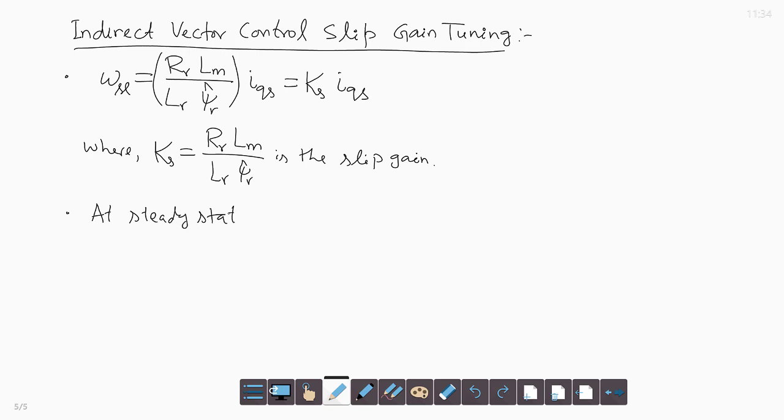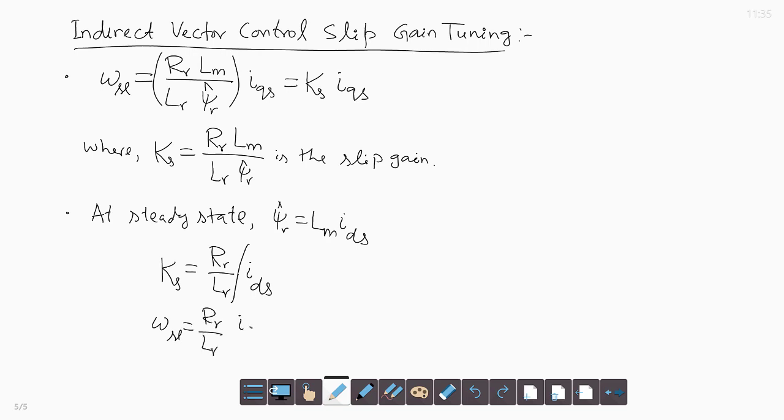Further, you can see the simpler case at steady state, where psi r equals L m into I ds. So, slip gain K s is now R r by L r into 1 by I ds, sorry, divided by I ds, so that omega SL is R r by L r into I qs by I ds.